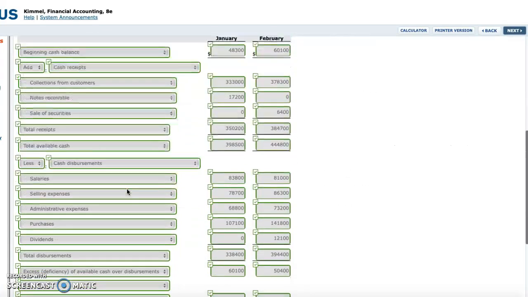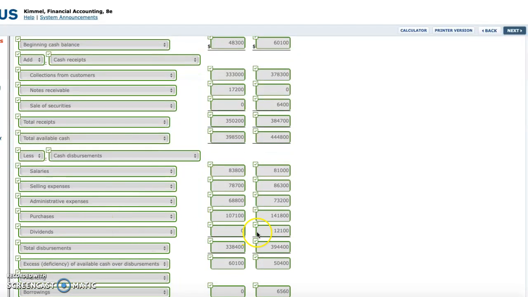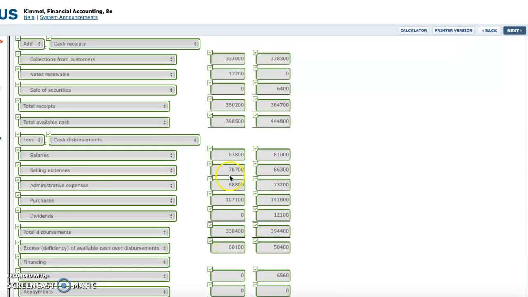And dividends, no dividends in January. Total disbursements is going to be all of these added together. And then for your excess or deficiency of available cash over disbursements, it is going to be this number subtracted by this number, and you're going to get this number here.